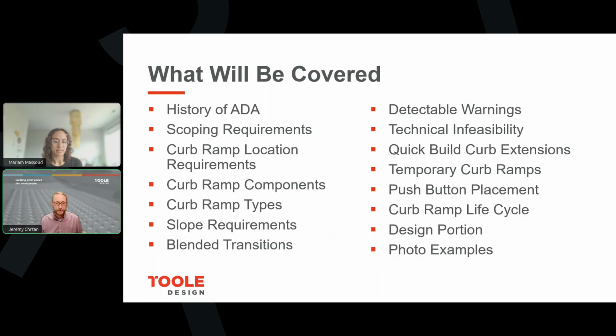Then we'll go through some actual design projects and walk through some of the implementation challenges and options that we have as practitioners, and talk about some of the pros and cons and how some of that decision making happens.